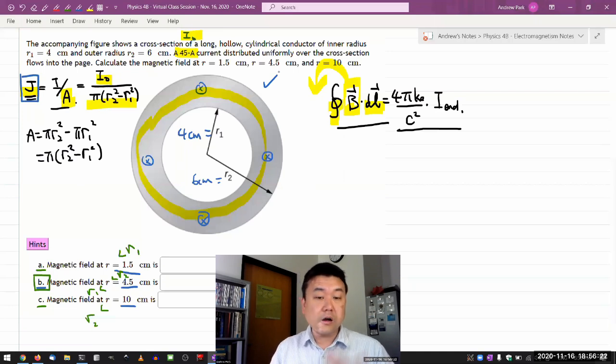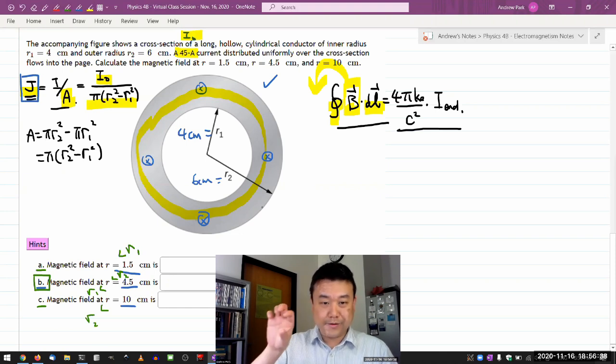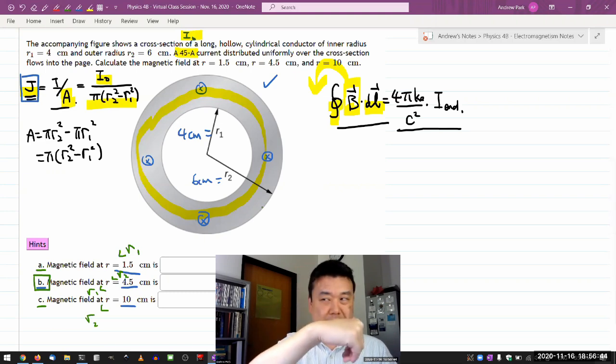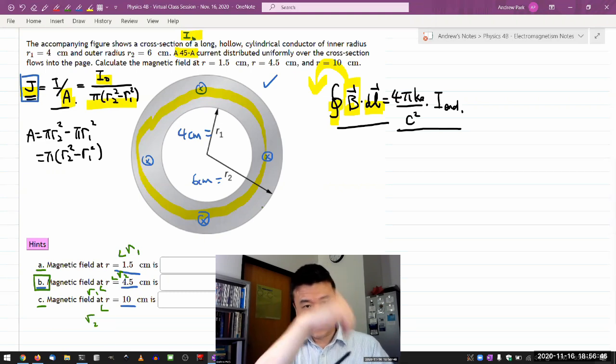And it also gives you the rough direction of the magnetic field. With that translational symmetry, the only direction your magnetic field can be in that's consistent with the Biot-Savart law, let me get the direction right, is this: current going into the screen, and so the magnetic field should be clockwise.